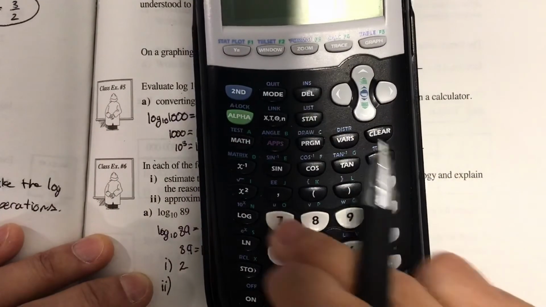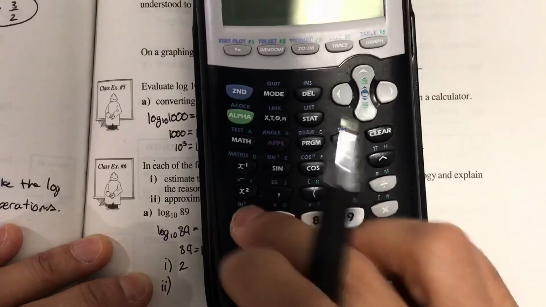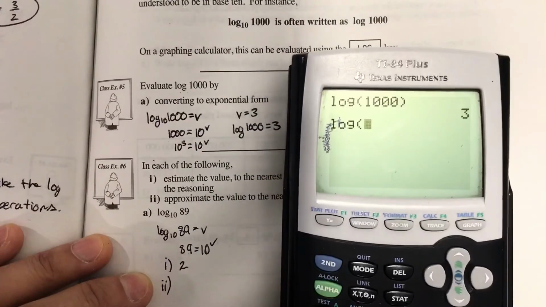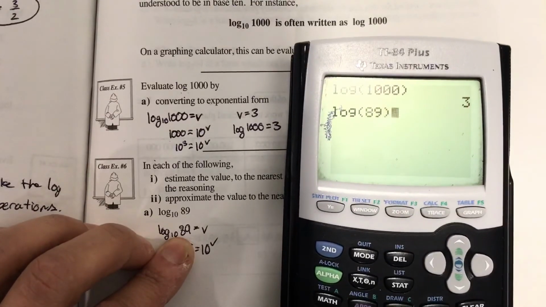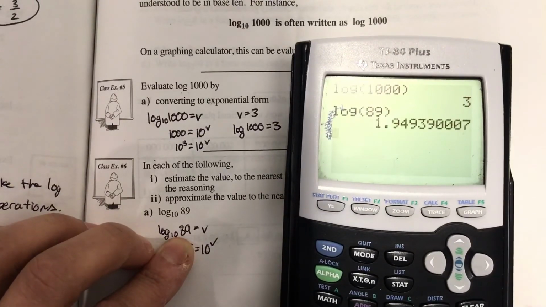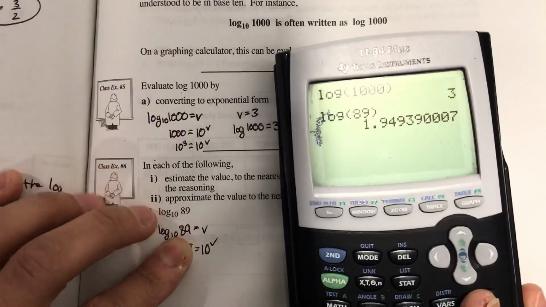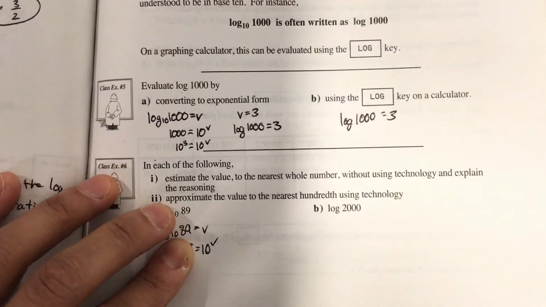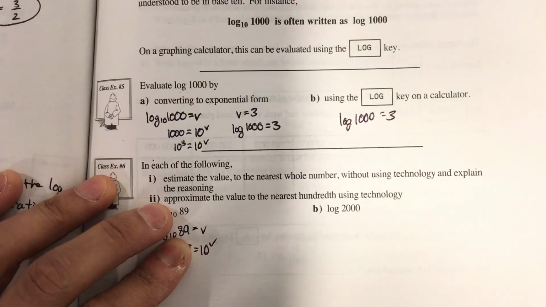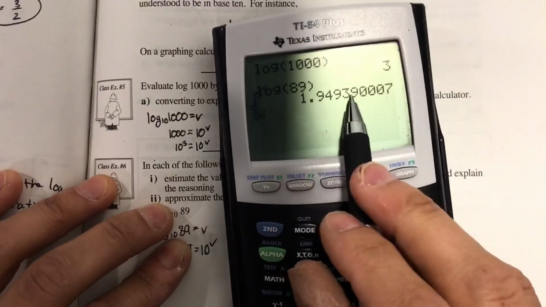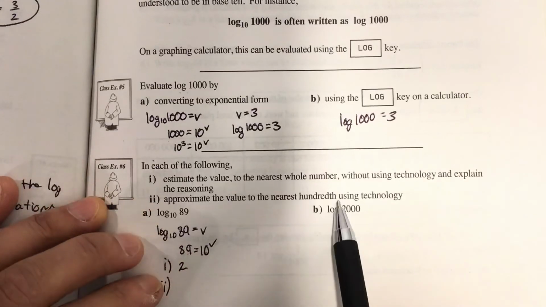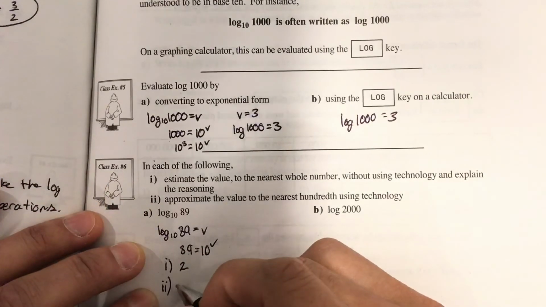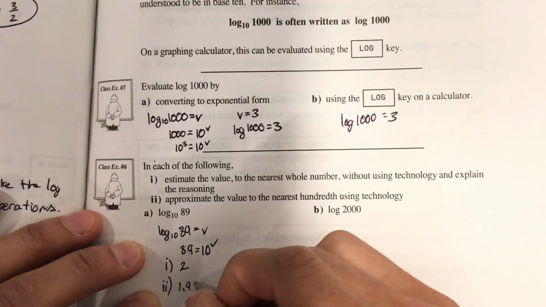So log, and we're going to be inputting our argument here of 89, and we get 1.949390007. But they want us to round to the nearest hundredth, so I'm just going to round this to 1.95.